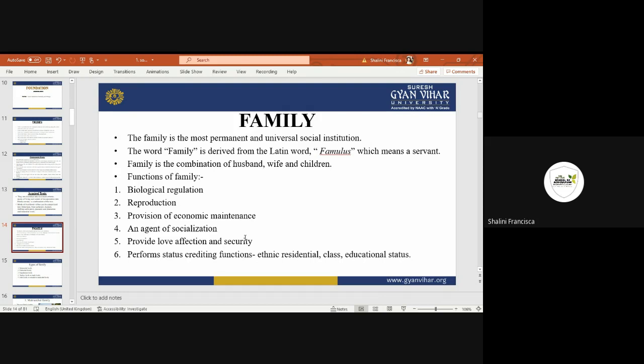Most of us are known by our father's or grandfather's name, and people respect us with that name. Our fathers and grandfathers become a source of socializing us to the society. Then providing love, affection, and security.